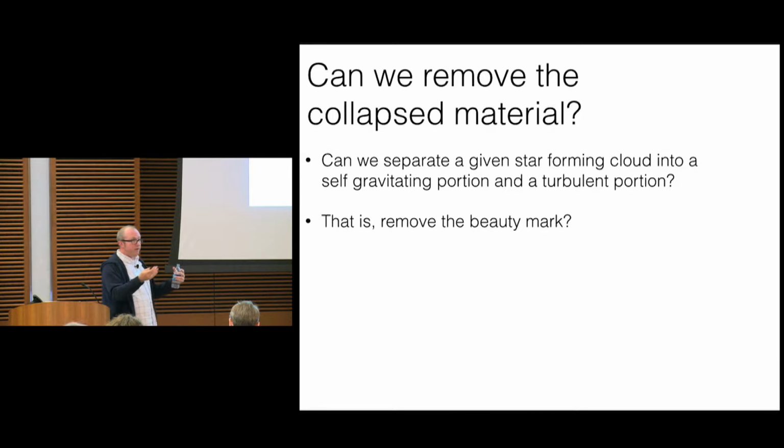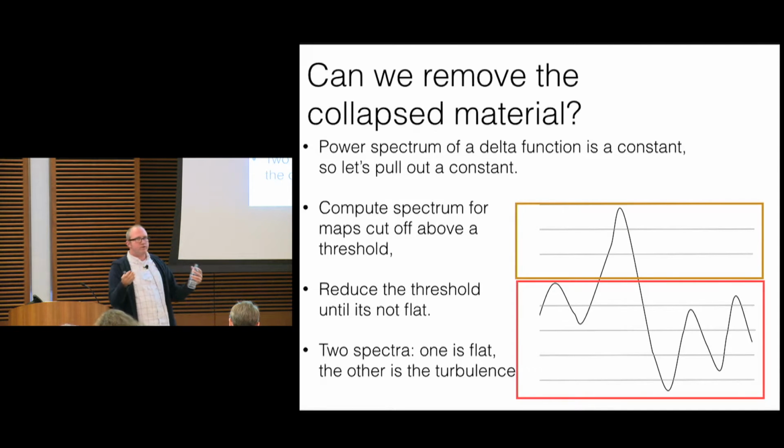So can we separate out the effects of gravity and the effects of turbulence in the box? So the Fourier transform of a delta function is a constant. So what we did was we cut off the top half of the column density map, took the Fourier transform of that, and just decreased that threshold until the power spectra stopped being flat.